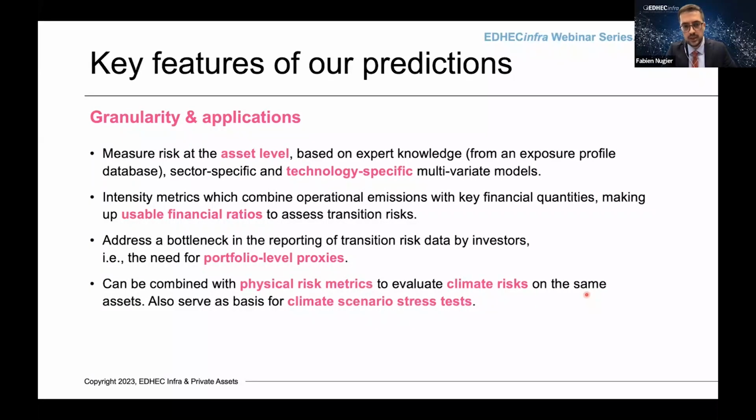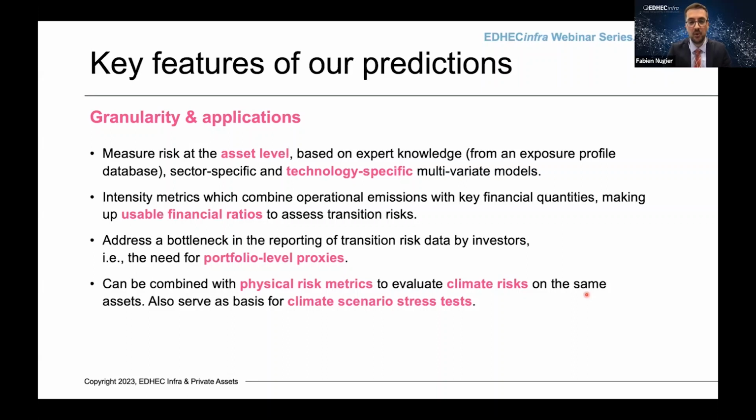Finally, these transition risk metrics can be combined with other metrics such as physical risk metrics. So for that, you will have to attend next week's webinar by Hugo and Darwin Marcelo. Physical risk and transition risk, when you consider them together, give you the climate risk.